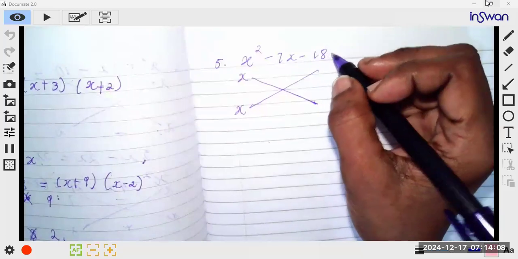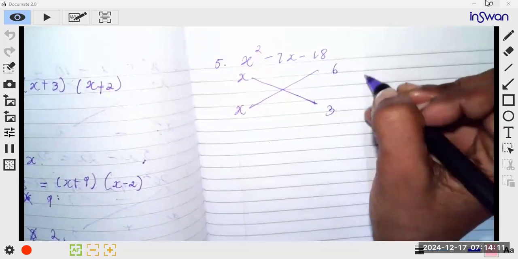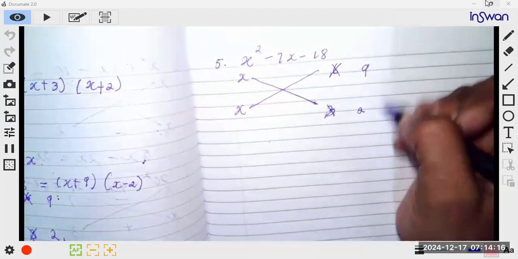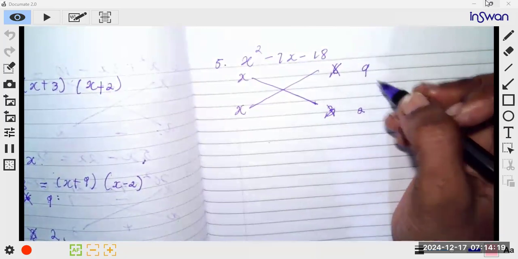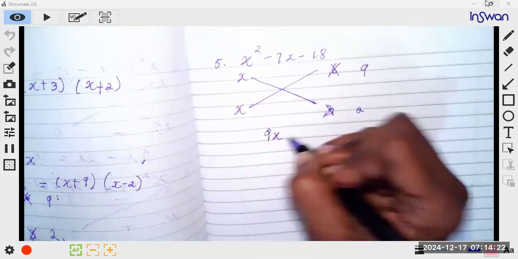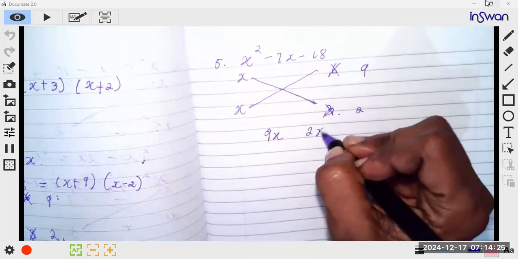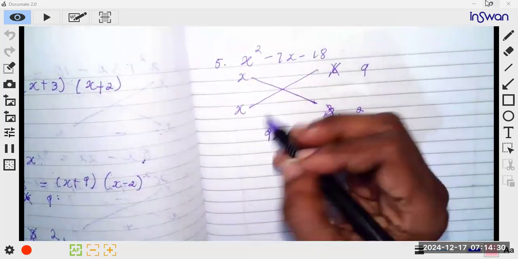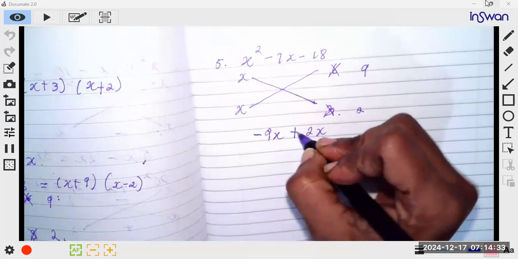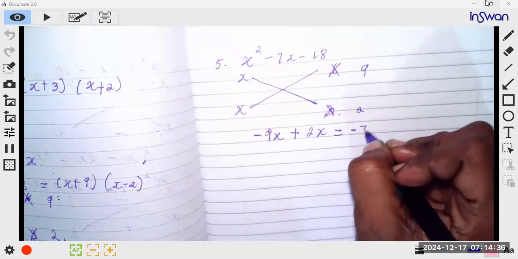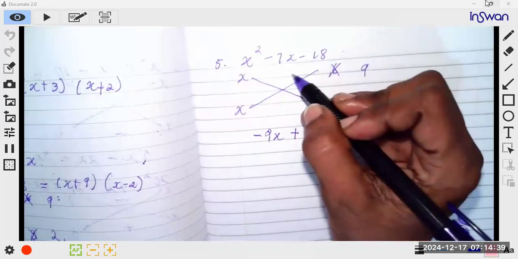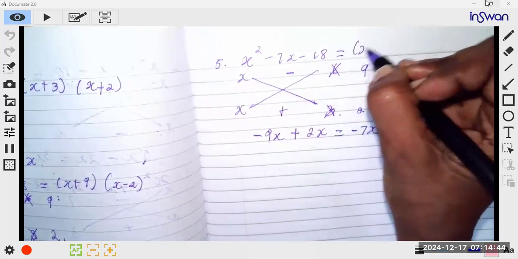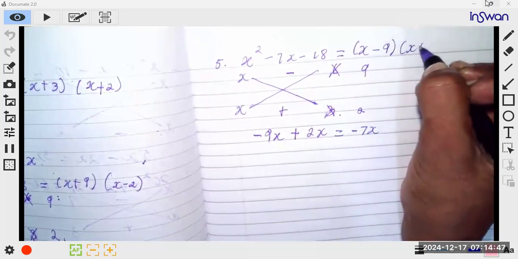We could use 6 and 3 and 9 and 2. Obviously, it wouldn't be 6 and 3, so you use 9 and 2. So 9 times x is 9x, 2 by x is 2x. Remember, when it is in this format, the bigger number will be minus, while the smaller number will be a plus, in order for us to get minus 7x. So the bigger number minus, my smaller number plus. So my final answer will be x minus 9 by x plus 2.